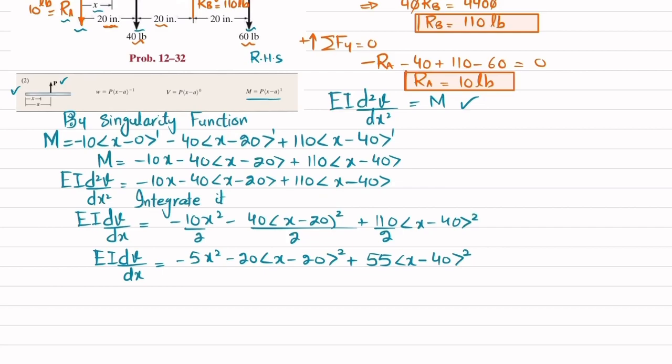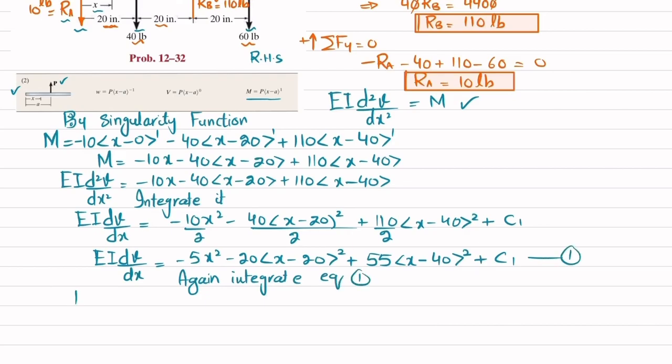So if you integrate it, there will be a constant of integration here as well. So C1. Again integrate this equation. Let this be equation number 1.